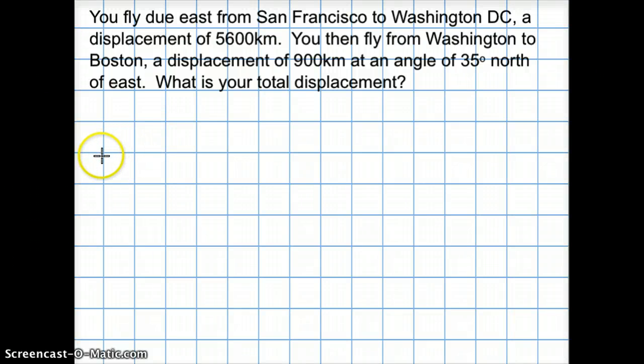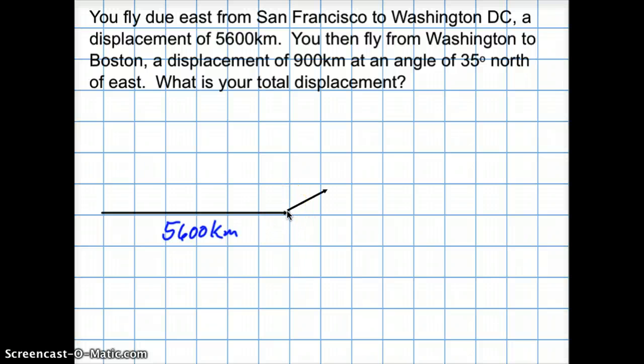Once again, I'm going to use my, well, this is too long. So this is going to be my 5,600. So let's label that. This is my 5,600 kilometers. And then it says I turn and I go northeast.